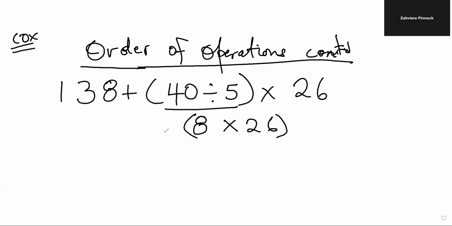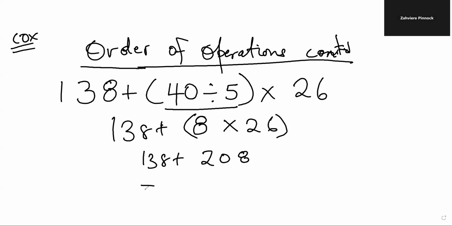Then we'll put back the 138 plus. Then we would say 8 times 26 equals 208. Then now we'll add 138 plus 208, which would equal 346.